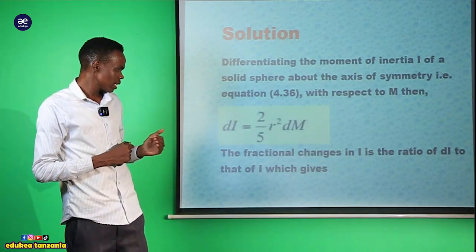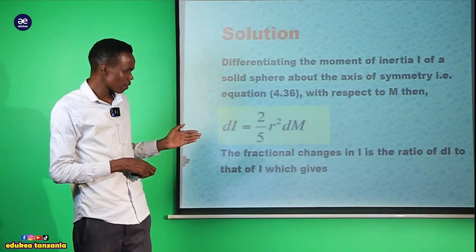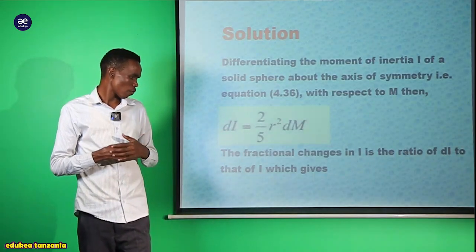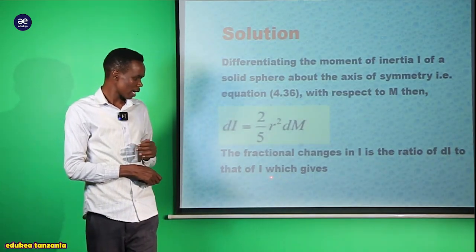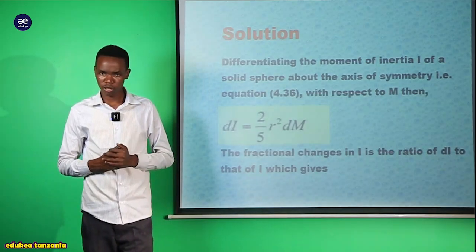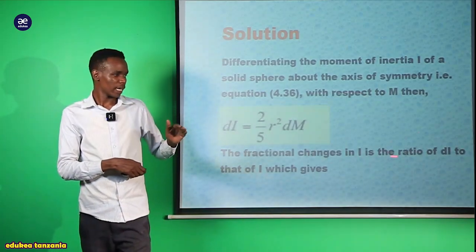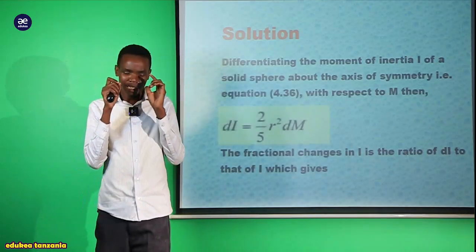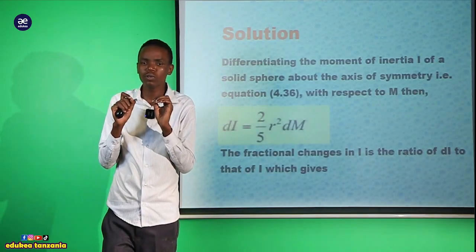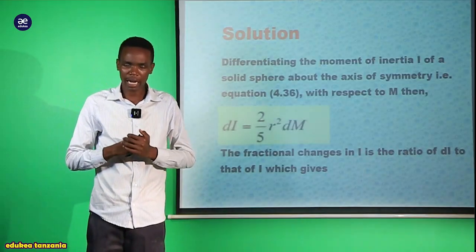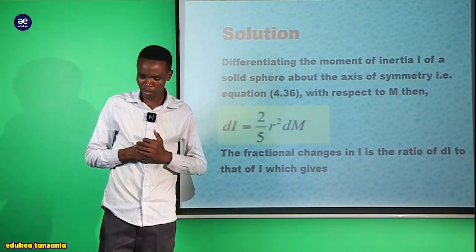Now after differentiating, we should obtain the fractional change in I, which is the ratio of dI to I. So the fractional change in I must be equal to the ratio of dI divided by I. This should be like this.